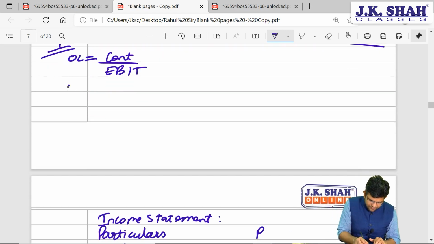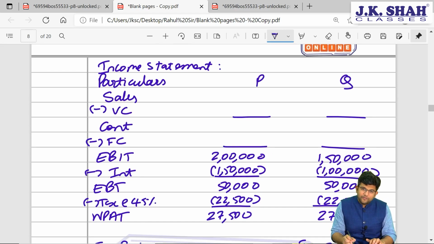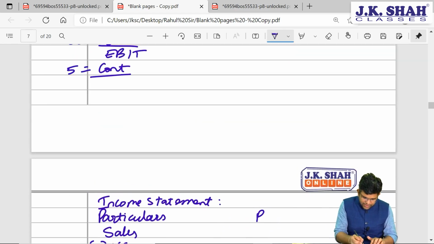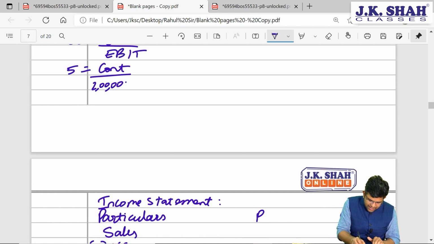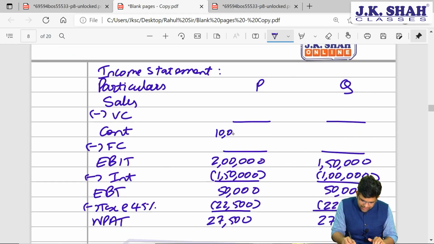So can I say 5 is equal to contribution divided by EBIT of P, that is 2 lakhs. So I get the contribution as rupees 10 lakhs. We put 10 lakhs here, and we understand the fixed costs to be rupees 8 lakhs.